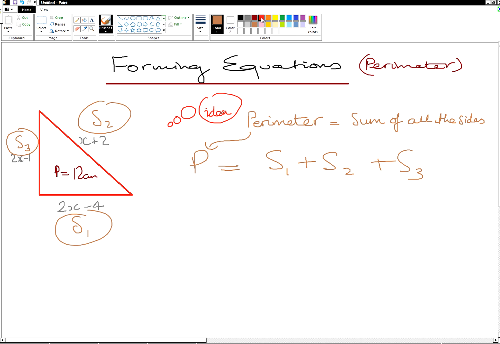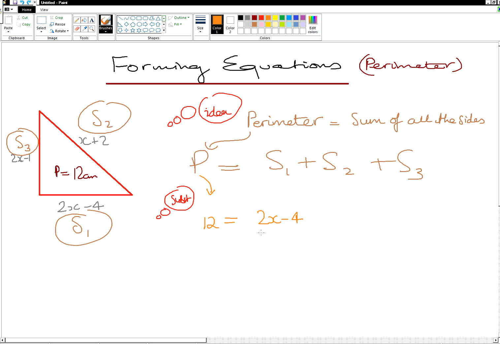Now, we've had the idea. What is next? The substitution. So, we know that the perimeter has a value of 12. And side 1 has a value of 2x minus 4. To do this question more efficiently, rather than writing it this way, we can just as easily write it that way.